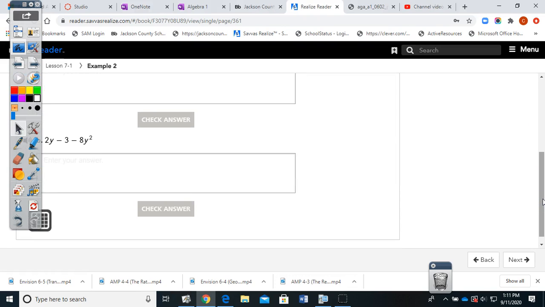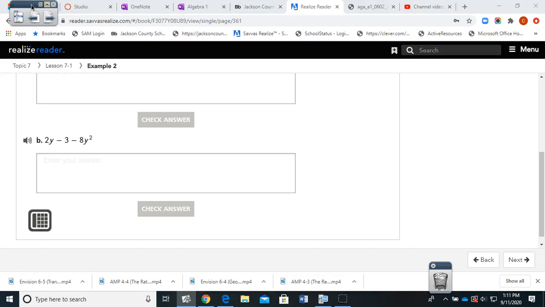How about this one? What are we gonna write first? Negative 8y squared. Then what? Plus 2y. That is standard form. What's the name? It's not a cubic.